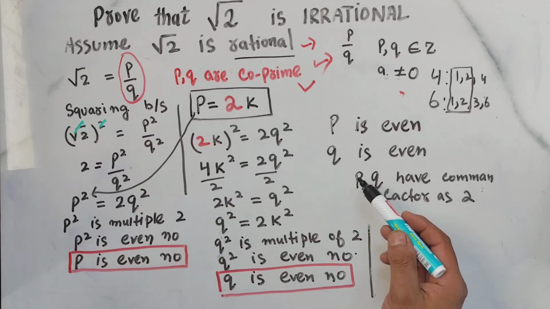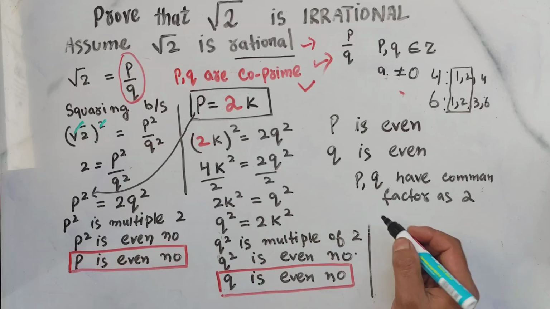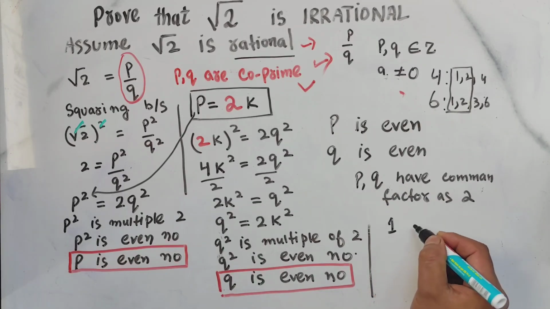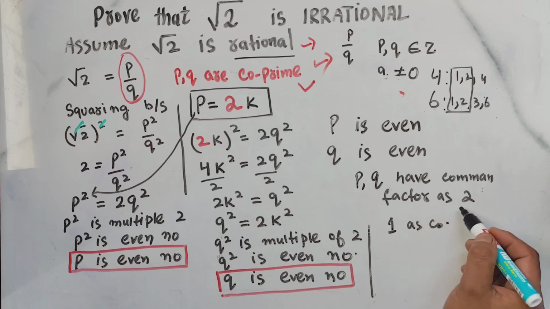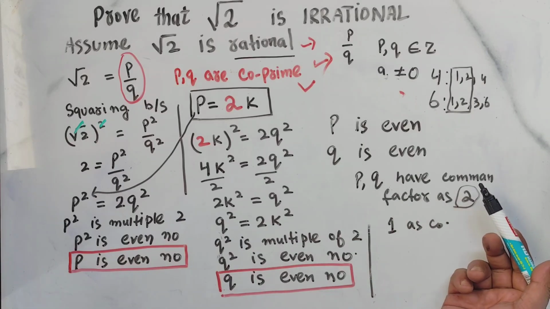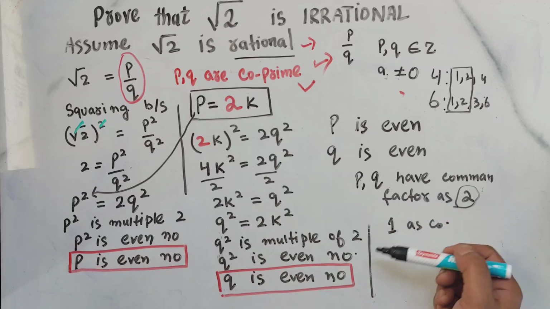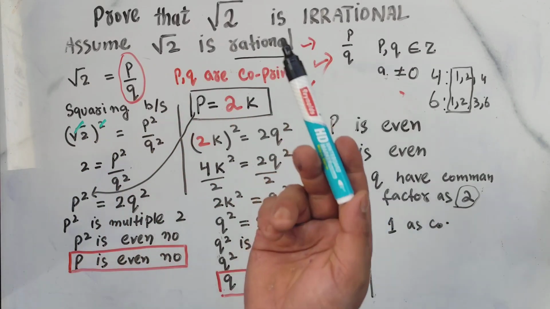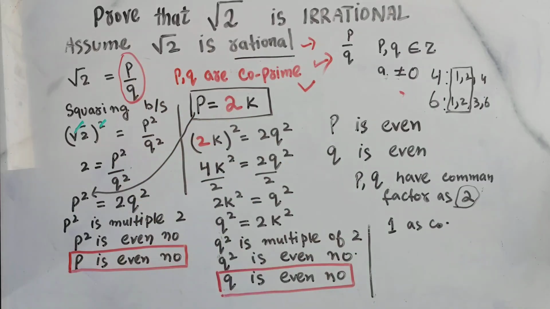But we have assumed p and q are co-prime, that is, we have assumed p and q have only 1 as a common factor, but we are getting the common factor as 2. That means p and q are not co-prime, that means our co-prime property gets violated. That means our initial assumption that under root 2 is rational is not correct, implying under root 2 is an irrational number. I hope I have done justice with this question.